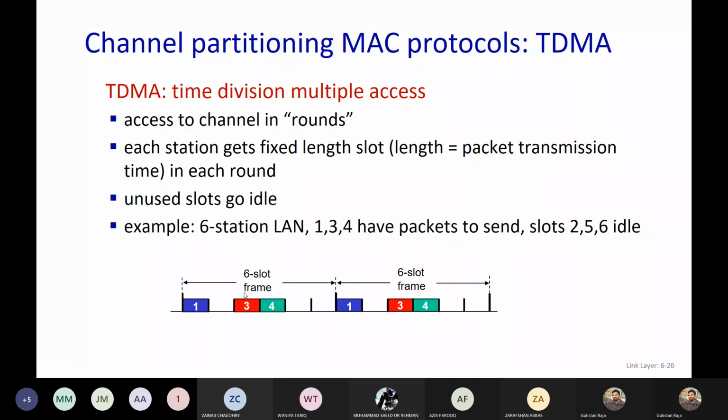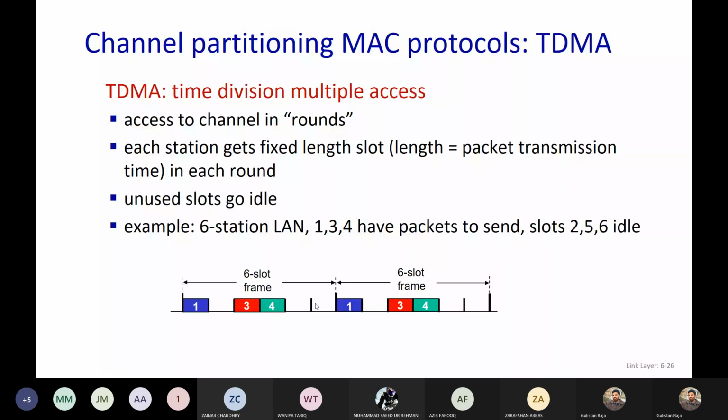Then the next slot is given to station 3, red. Station 3 sends its data. Then the next slot goes to green station 4, and station 4 also sends data. But station 5 slot and station 6 slot are idle, vacant, because they have nothing to send.